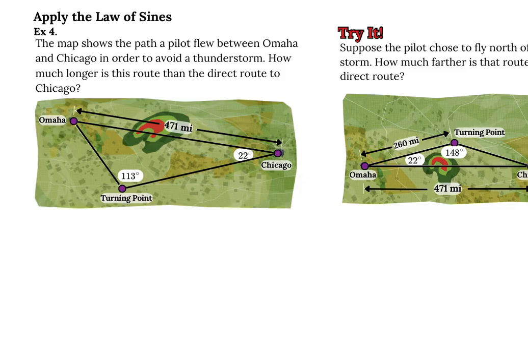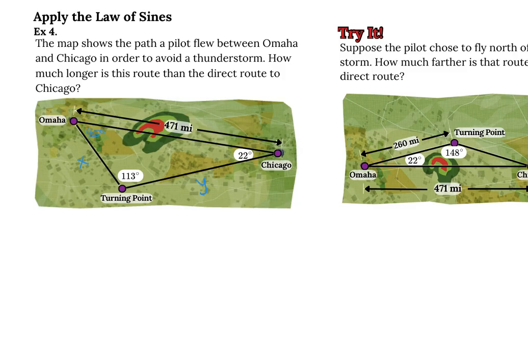We need to find 2 measurements. I'm going to name this X and this Y. I know that my missing angle here would have to be 45 degrees.